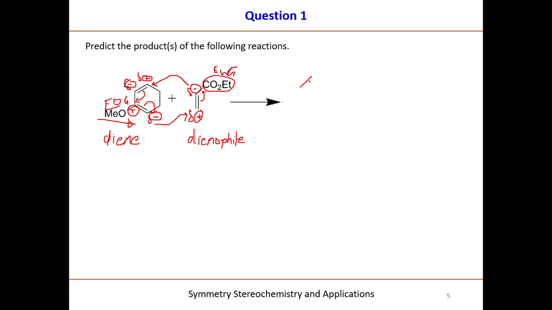So we will get directly the 6-member cyclic product. This is the product you will get from this reaction.